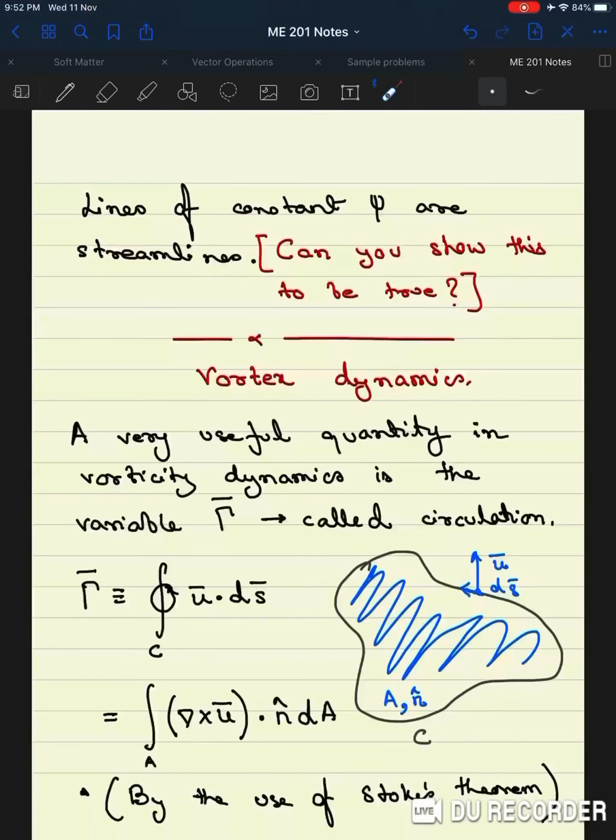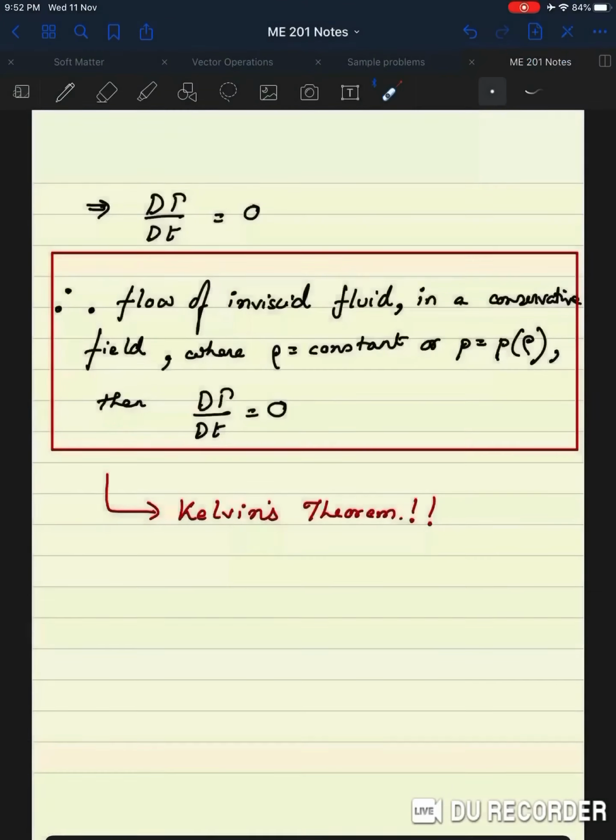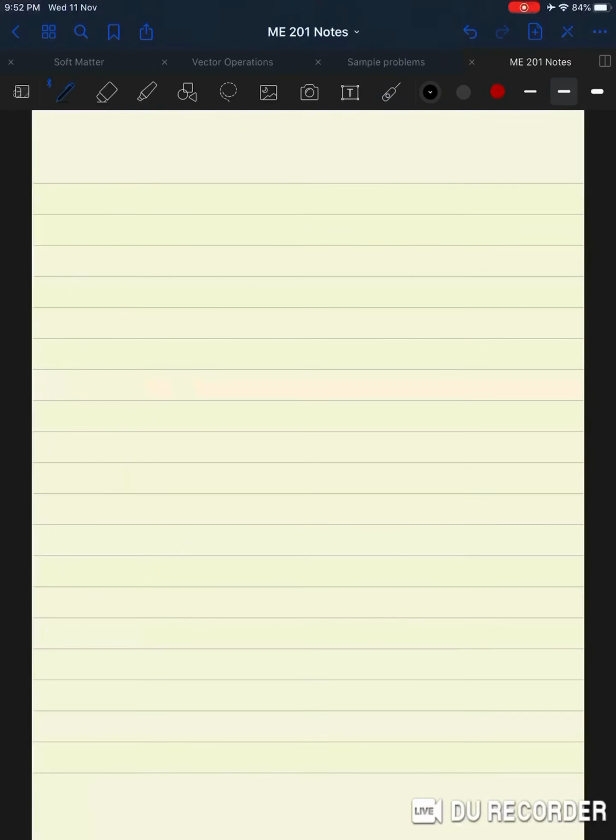I don't know if you have had time to sit down and look at it, but let's work it out today. Now, basically, a stream function is a very special function, and that is useful only for analyzing 2D flows. So let us go into stream functions one more time.